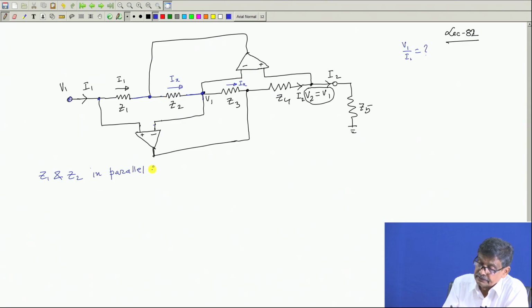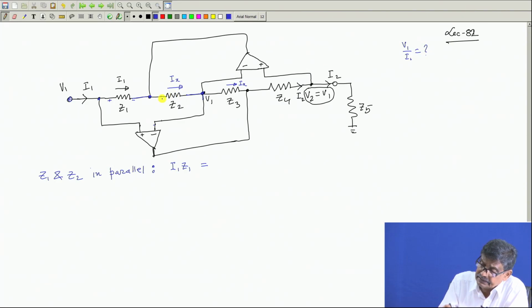If that be the case, then I1 into Z1, the voltage drop across Z1, with this plus, this minus, is I1 Z1. And about this one, this voltage must be equal to Ix into Z2.